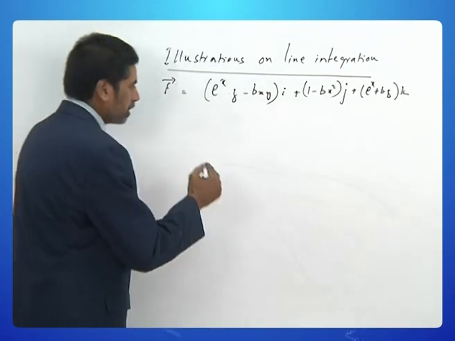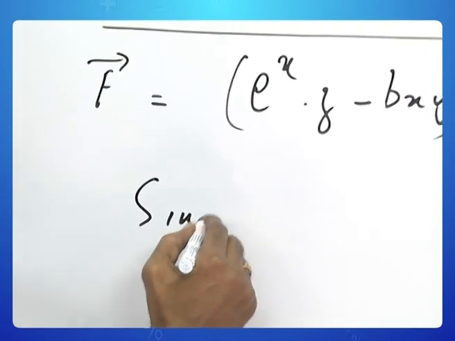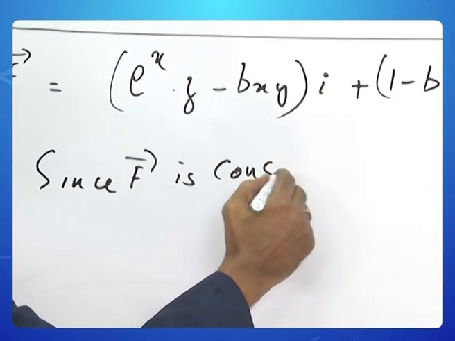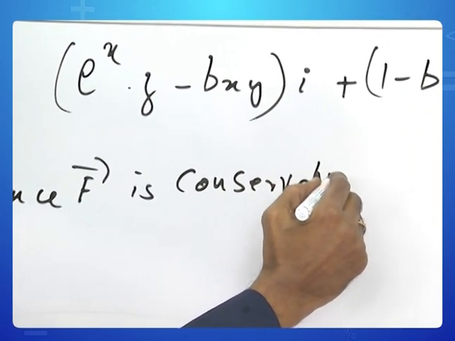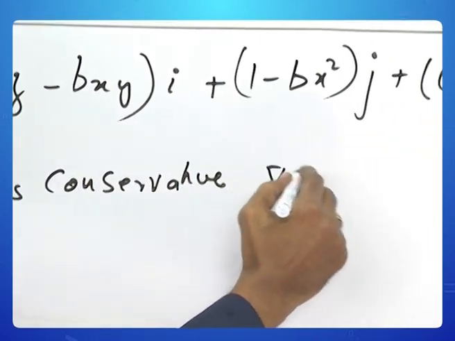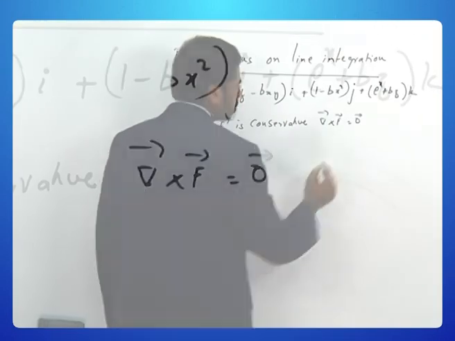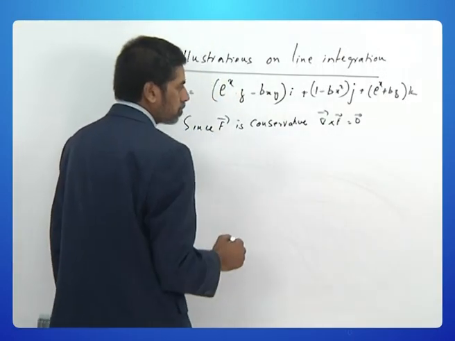So let me put it clearly. Since F is conservative, basically the curl of the field is 0. This is one issue.